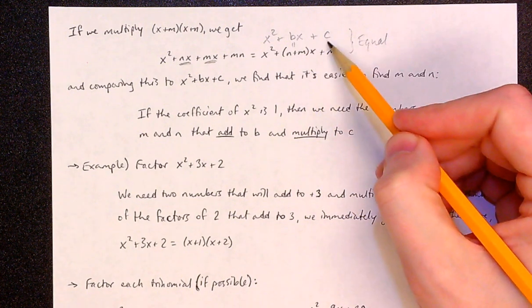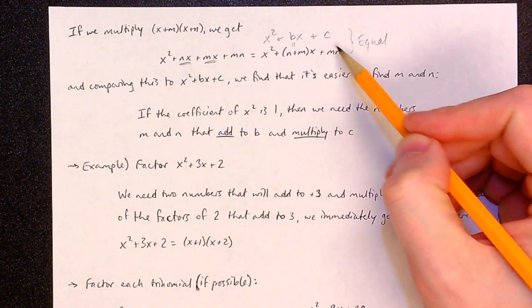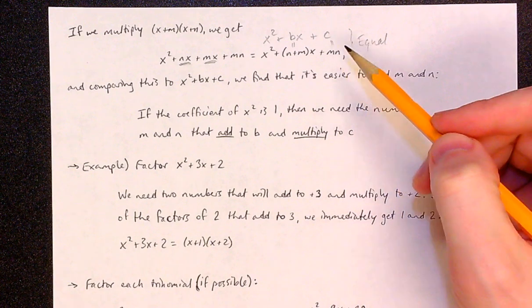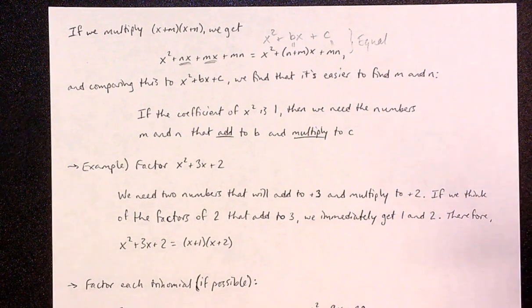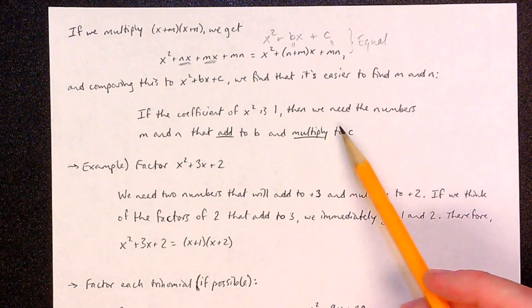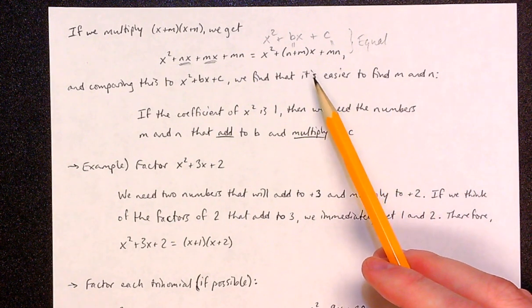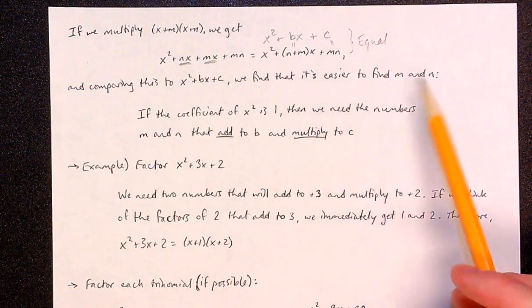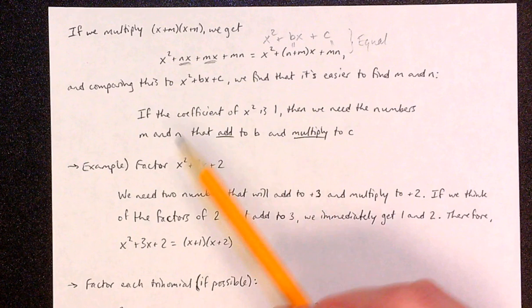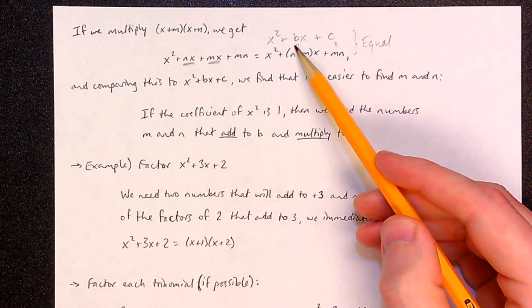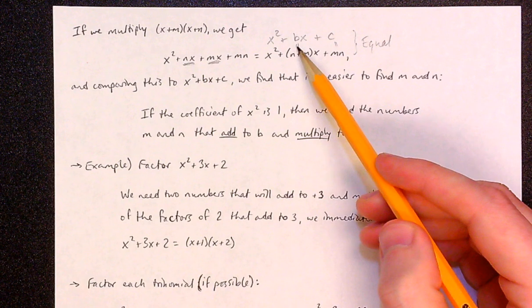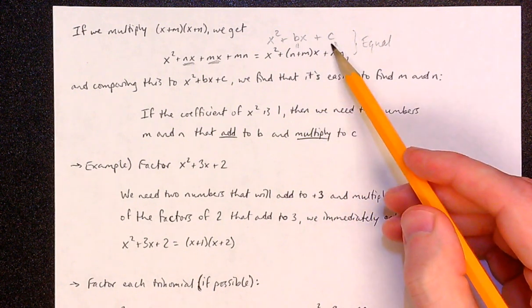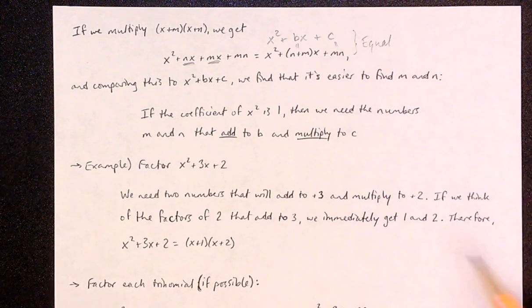If I look at this last term here, plus c versus plus m times n, I know that these two things have to be equal to each other. So this is why what we have to think of is numbers or values for m and n that will add to whatever my b value is, whatever the number is in front of the x, and those two numbers, m and n, also have to multiply to my c value, whatever is at the end here.